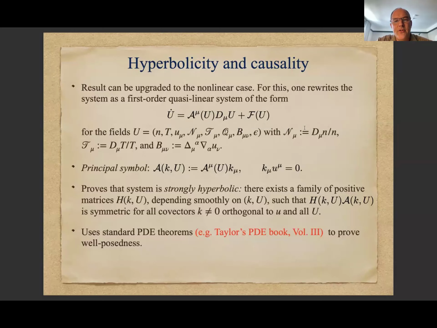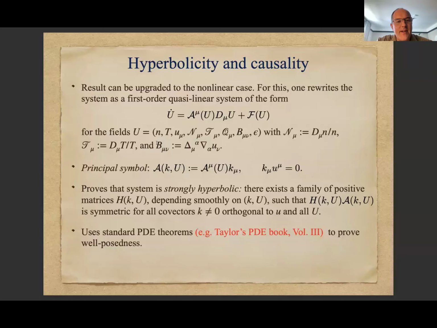So we introduce the spatial gradient of the particle density as an additional field, the same for the temperature. And then we also added the spatial gradients of the velocity field, b mu nu.